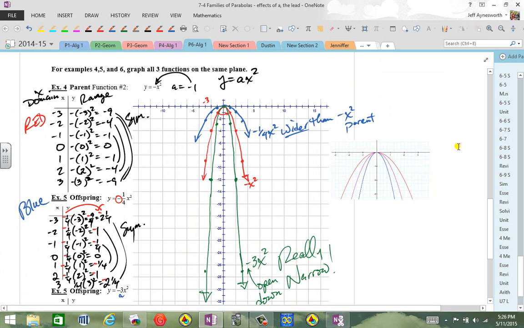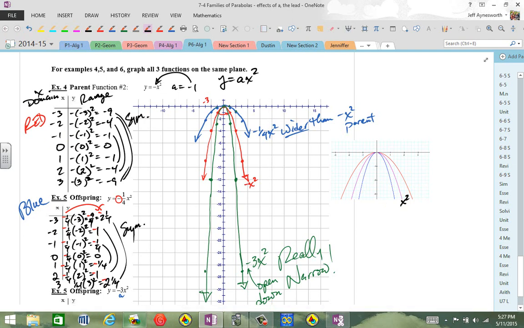The a value, if it's negative, goes down versus up. Secondly, as a gets bigger it gets more narrow, and as a gets to be a fraction closer to 0, it gets wider. You've got your parent function in the middle. This is not exactly the same because I changed the values, but it gets wider here.